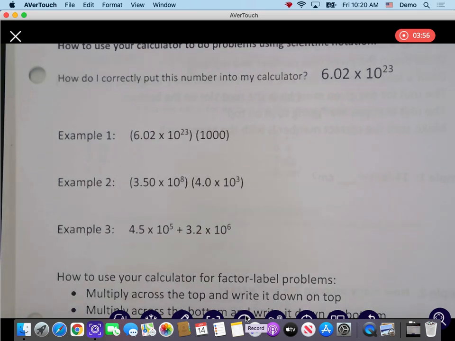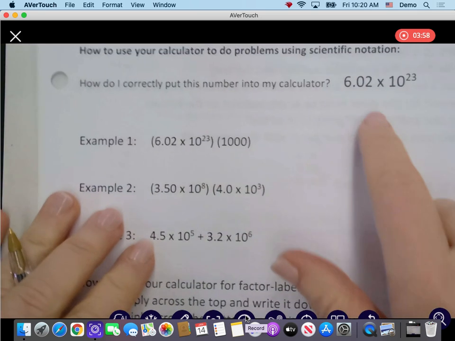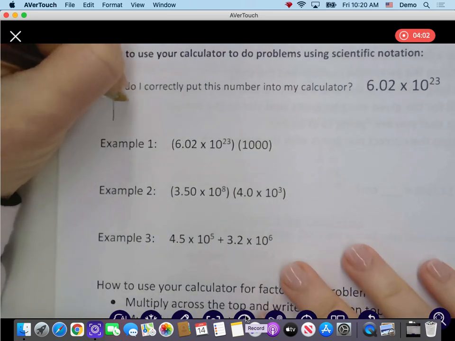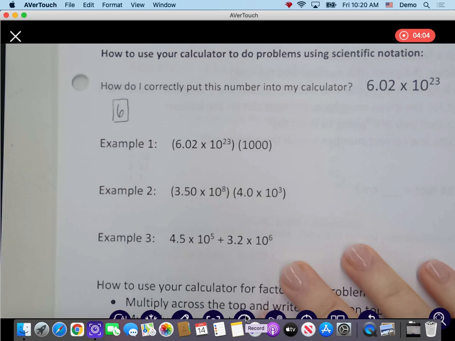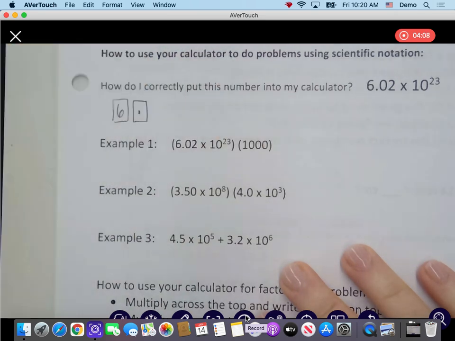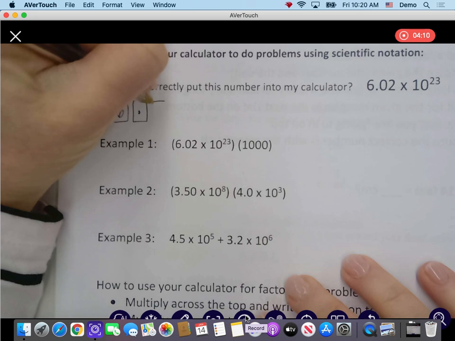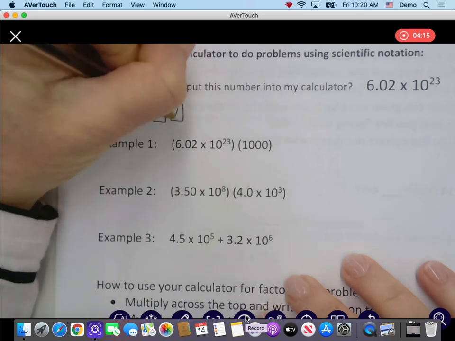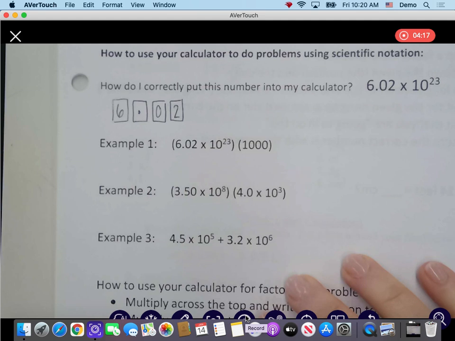Now, when you punch this in your calculator, I'm really going to break this down. You're going to hit the 6, the point, the 0, and the 2. Everybody punch that in, but don't go any further.